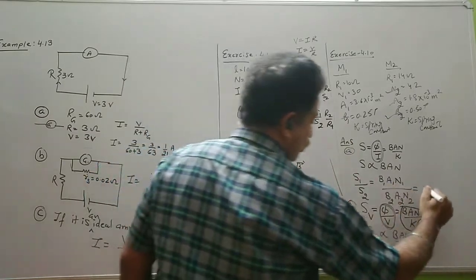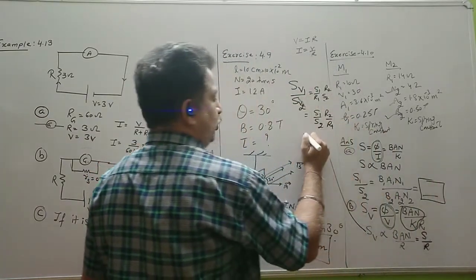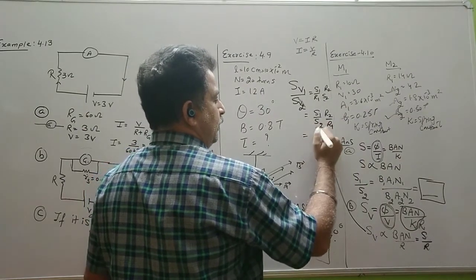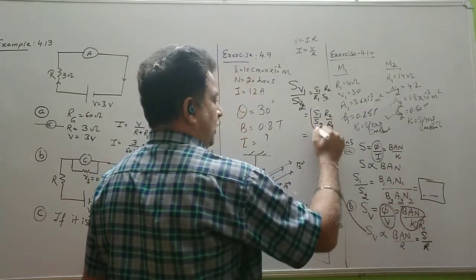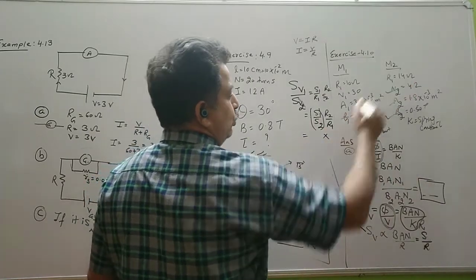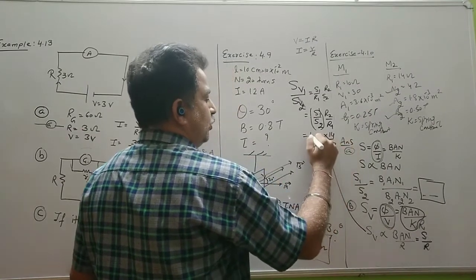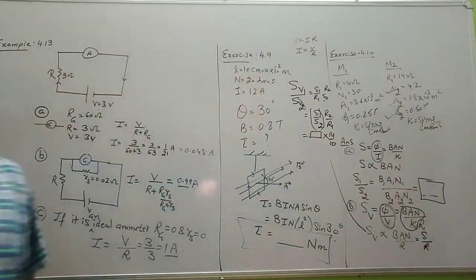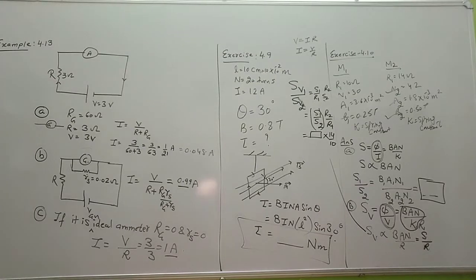Whatever answer you find for S1 upon S2, you substitute here and multiply by R2 upon R1, that is 14 upon 10. So this is the formula for the current sensitivity and the voltage sensitivity, where we find the ratio for coil 1 and coil 2.